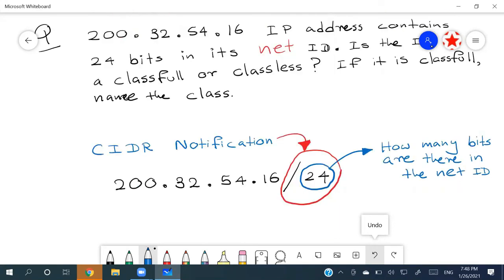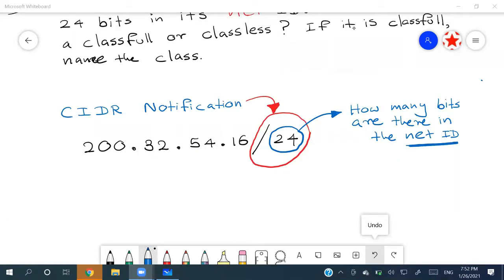Right? එතකොට මෙතනින් කියනවා how many bits are there in the net ID. So if you are given an IP address with the CIDR notation, you can straight away tell whether it is classful or classless, and if it is classful, what is the class? හරි. එහෙනම් මට ටක් ගාලා මේ පහළ ලියන IP addresses ටික classful ද classless ද කියලා clear කරන්නත් ඕනේ, කියන්නත් ඕනේ. Then classful නම් මොකක්ද class එක කියලා කියන්නත් ඕනේ.